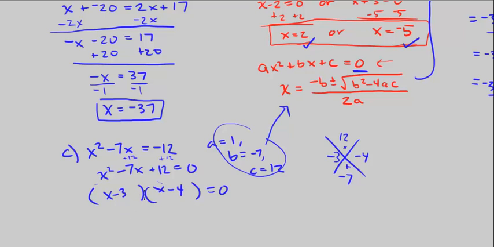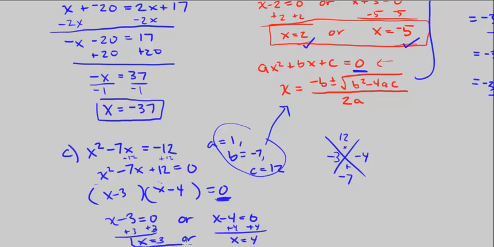And again, if we're multiplying numbers and they equal 0, then we can split it up. x minus 3 equals 0, or x minus 4 equals 0. We solve for x: plus 3, we get x equals 3, or plus 4, x equals 4.